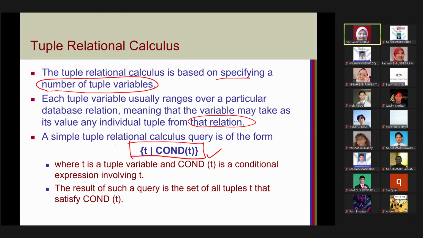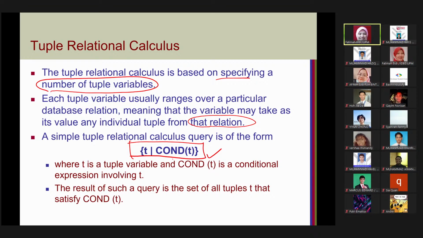So curly bracket, T is the tuple, and then bar, and then the condition of the tuple, COND(T). That is the conditional expression involving T. So T is the tuple. The result of the query is the set of all tuples T that satisfy the condition.